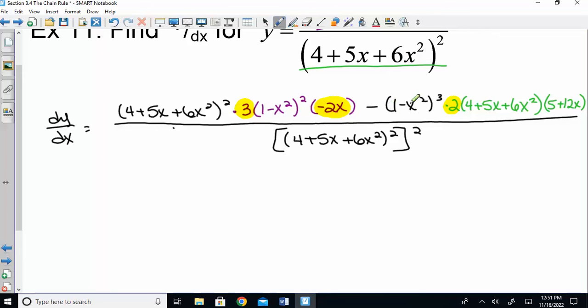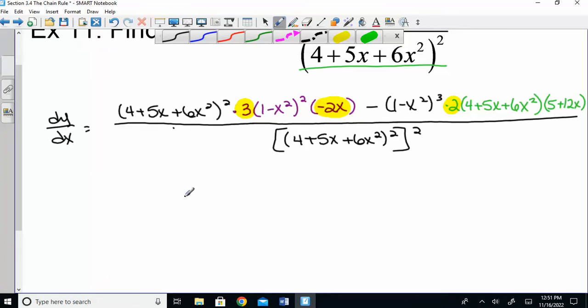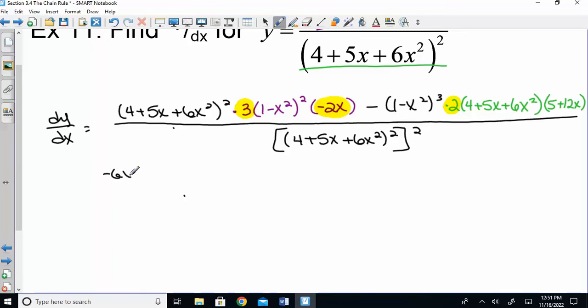That's optional, but at the very least, I would appreciate you bringing the 2 to the front of that term. So this would give me negative 6x in front of this term, and 2 in front of this one.